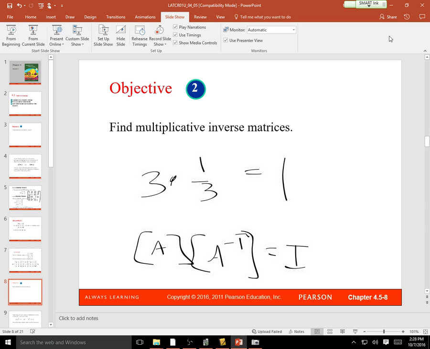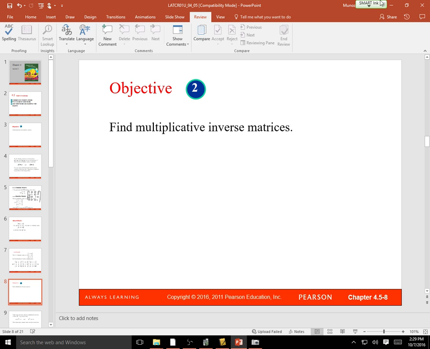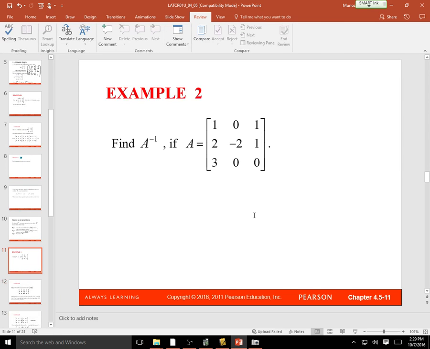Now, here's the problem. The problem is actually finding that multiplicative inverse, and that's what makes today's lesson time-consuming. I didn't use the word hard because it's not hard. You've already done this type of math. Okay? So I'm going to grab a matrix here. Here it is.